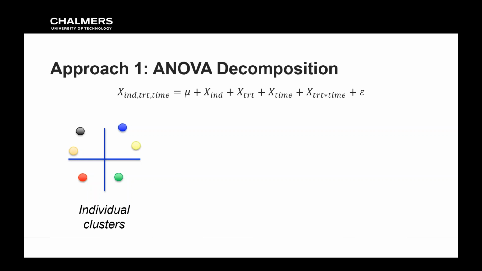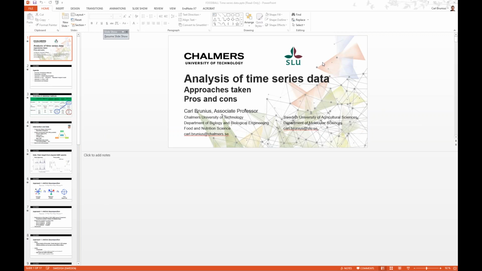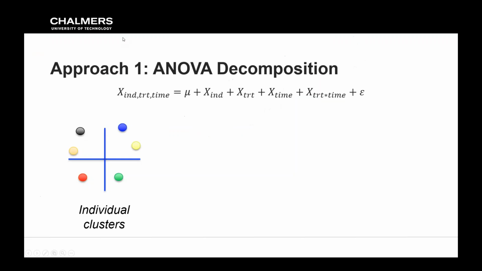So we dissect the overall variability by the main effects. We assume that your data, represented by the X for individual, treatment and time, is scaled and centered, so the mean value would be the mu in the mathematical model.